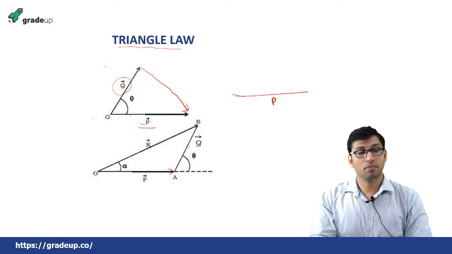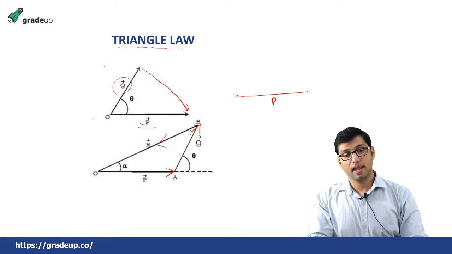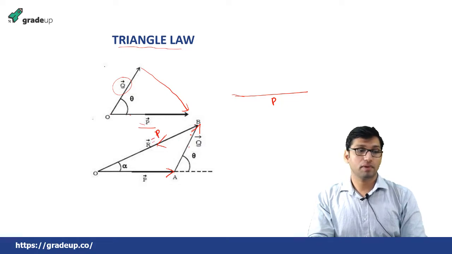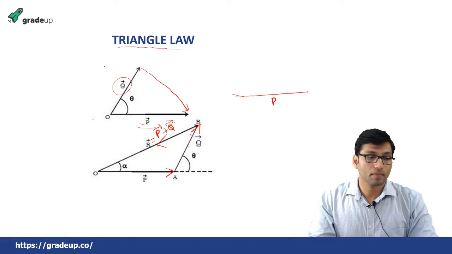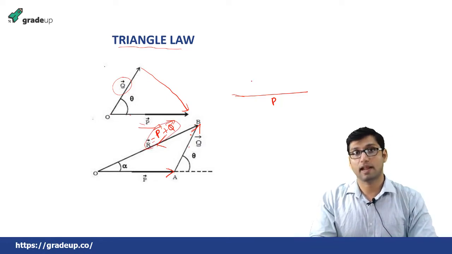Now the direction of motion of force P is this, and Q is this. The resultant force will be represented as the closing side of the triangle, taken in the opposite direction. This resultant force will be the sum of P and Q. So this is how you find the resultant force with the help of the triangle law.